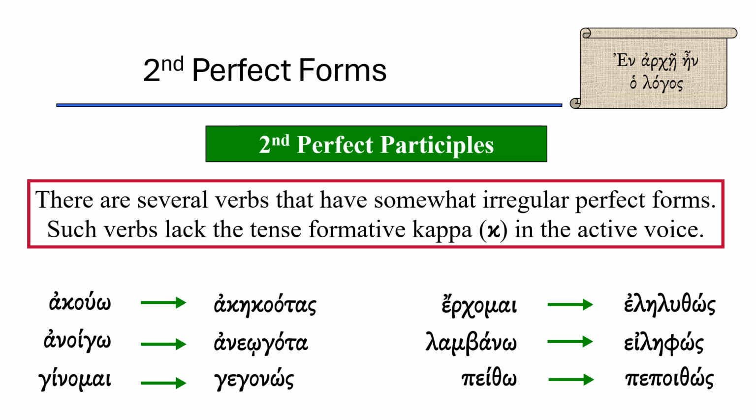The important thing is not so much that you know all of the irregular forms, but that you are able to get back to your lexical form. So you may want to take a look at the principal parts chart on pages 304 and 305 to familiarize yourself with which words have irregular forms. These are some of them here in the second perfect with the irregular forms. You'll just want to be able to get back to the original form.